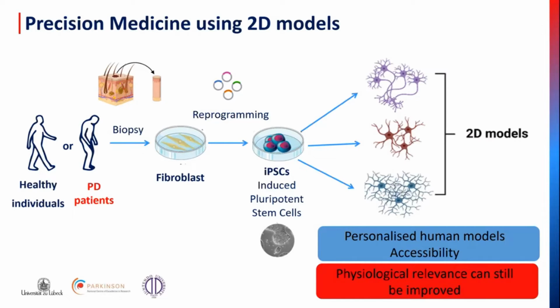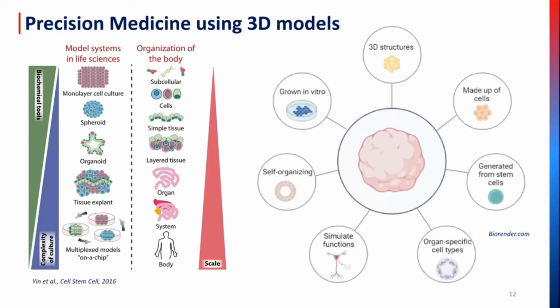in the dish. And even though we can easily study like that the main neuronal population affected, the dopaminergic neurons are not alone inside the brain, and there are multiple other cell types which compose the brain and that can contribute to the overall pathology. And therefore, three-dimensional culture models have been developed to increase the complexity of the tissues that we have in the cell culture in an effort to bring them closer to the actual body physiology.